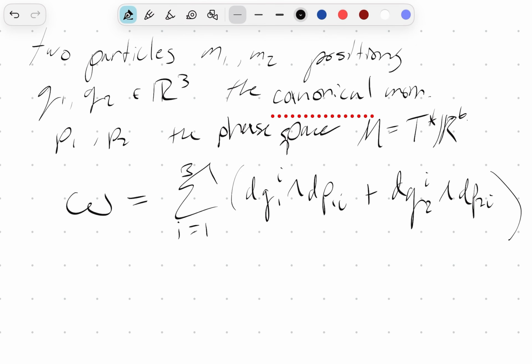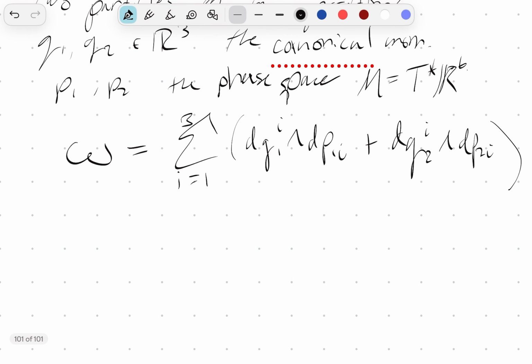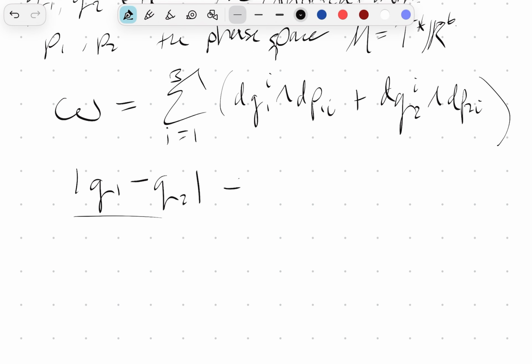The Hamiltonian for a central interaction is really going to depend only on the distance. Because it is a central interaction, the absolute distance between the particles is going to determine the Hamiltonian, which is a function of the positions and the momenta.